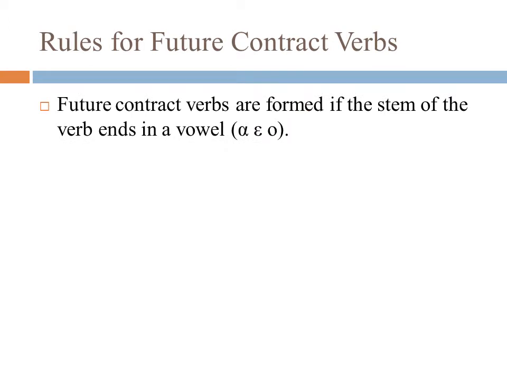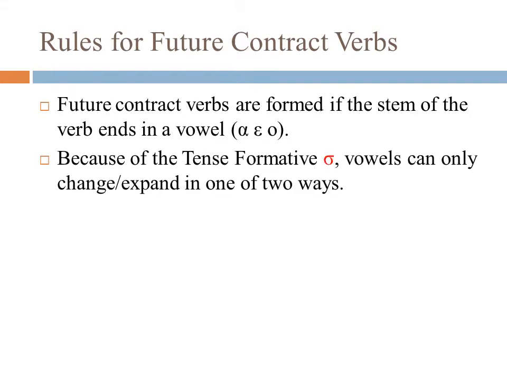So, if you remember, contract verbs are formed if the stem of the verb ends in a vowel, specifically alpha, epsilon, and omicron. Because of the tense formative sigma, vowels cannot merge with the vowels at the end. They can only change or expand in one of two ways.